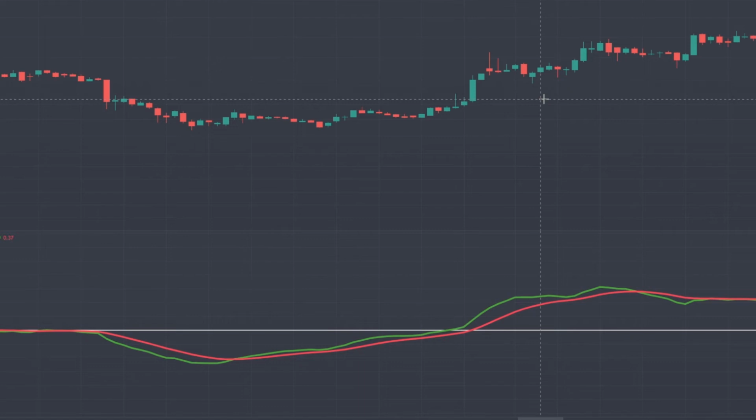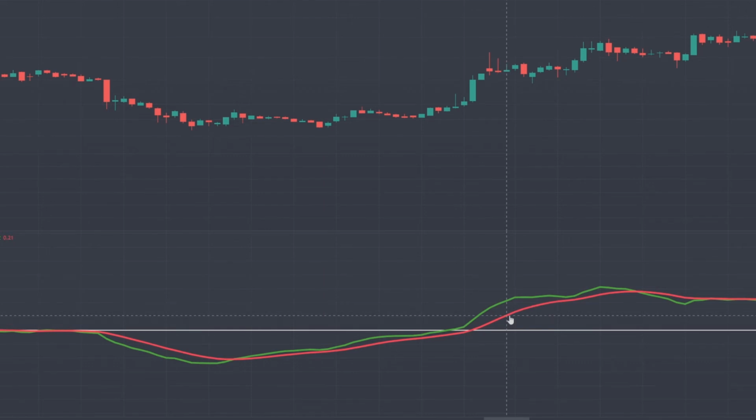As I mentioned before, the MACD is a crossover signal indicator, meaning that we are looking for a crossover to signal a buy or a sell of a stock. In my case, my MACD line is green and my signal line is red.